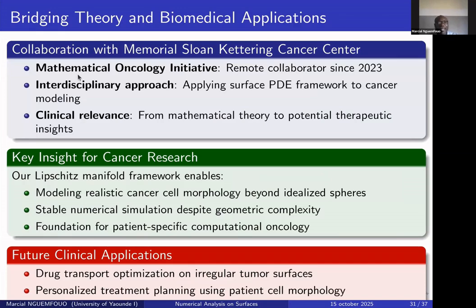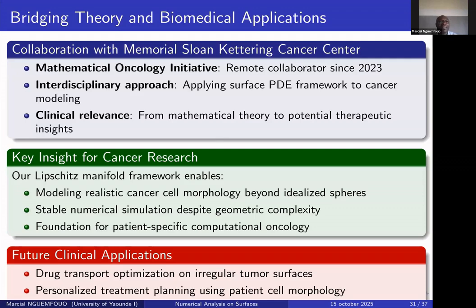Now, I'm a remote collaborator with a mathematical oncology initiative since 2023. Now, I would like to apply this theory to cancer modeling, particularly breast cancer.